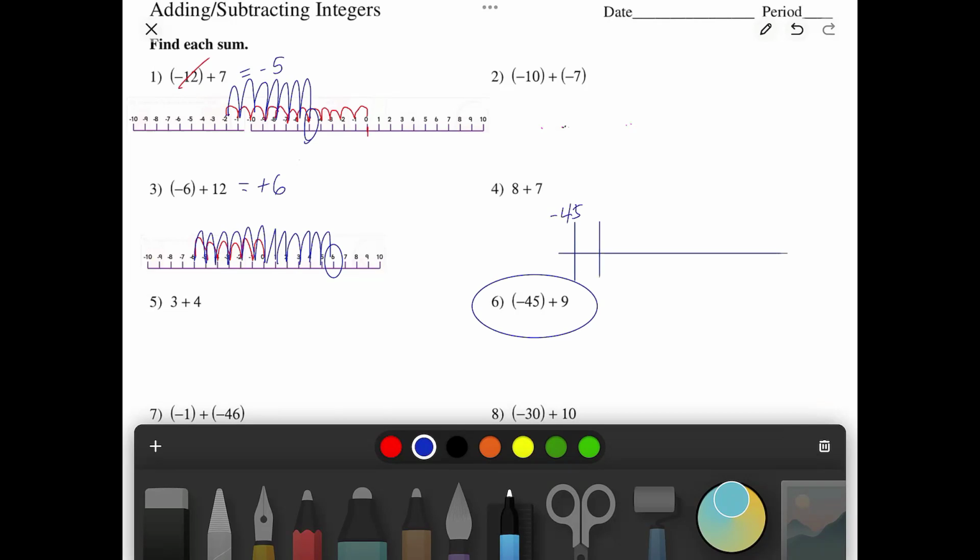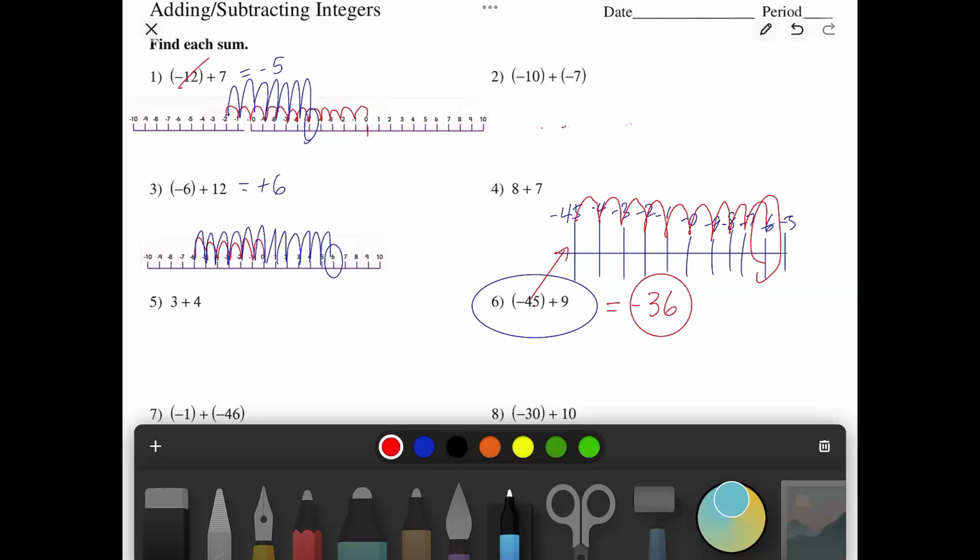So I'm going to go 1, 2, 3, 4, 5, 6, 7, 8, 9 to the right, and I finish at a negative 36.